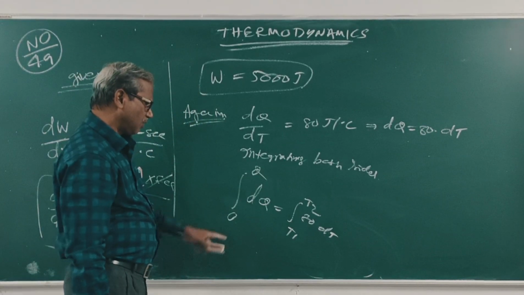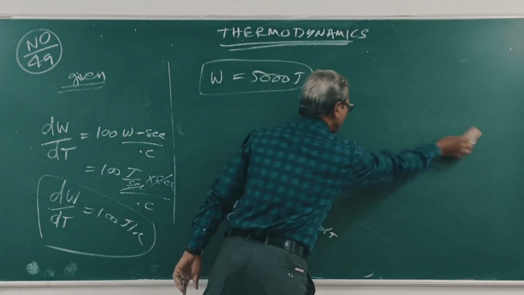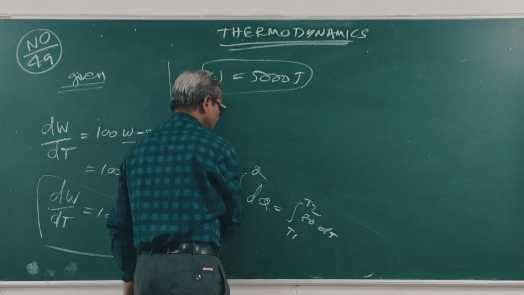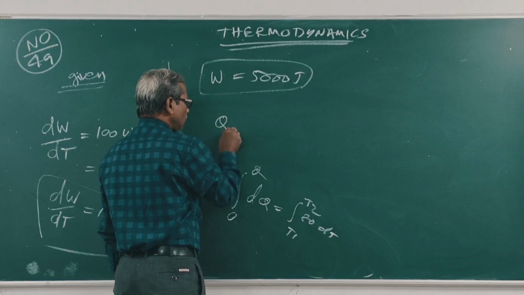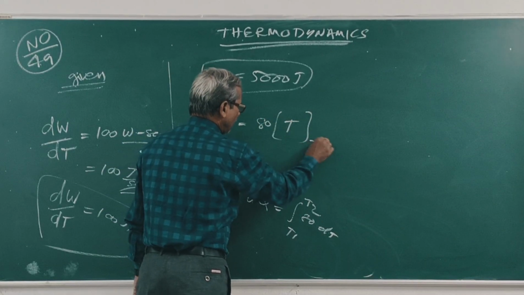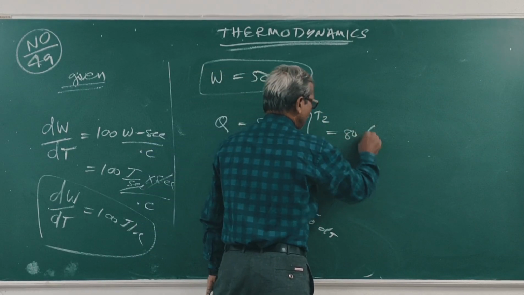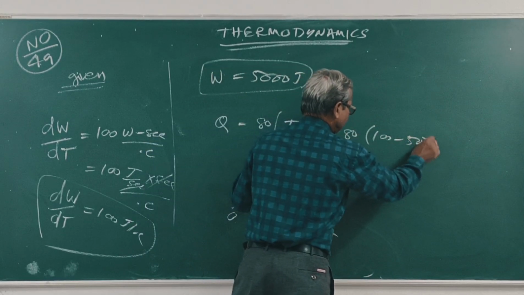Now, what is Q? The same way, Q is equal to 80 T, limit T1 to T2, so 80 into (100 minus 50).